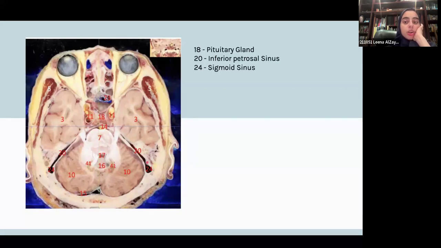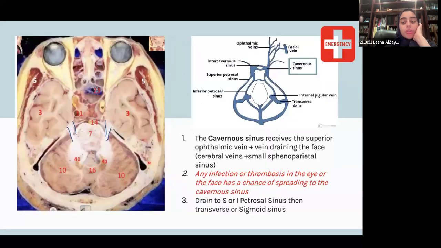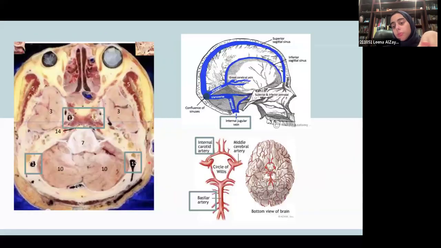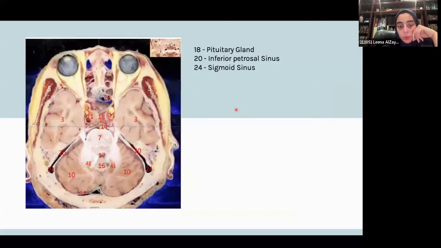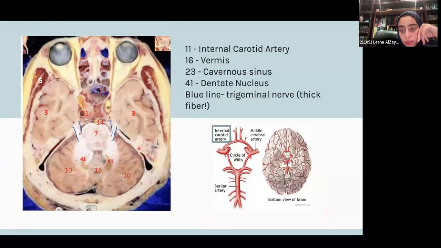Number 20 over here is the sigmoid sinus that we talked about here. The sigmoid sinus, where we're going down this way. So actually, when we're going this long, number 24 is the sigmoid sinus at this point. And also number 20, where it's a bit thinner, it's the inferior petrosal vein.